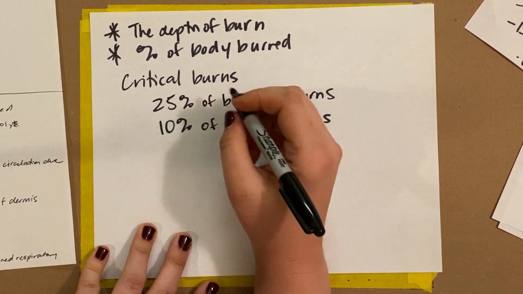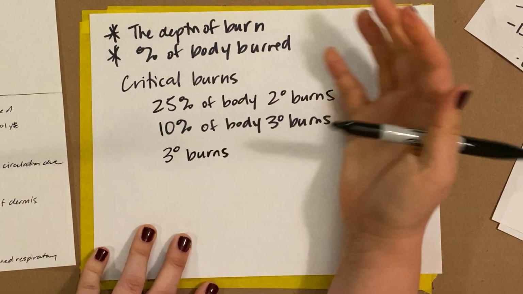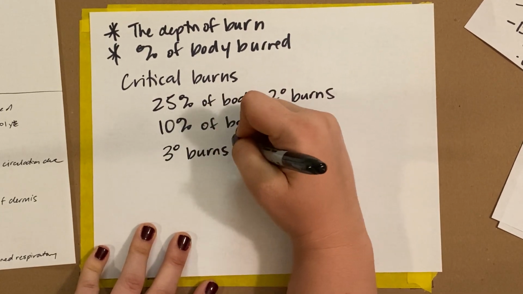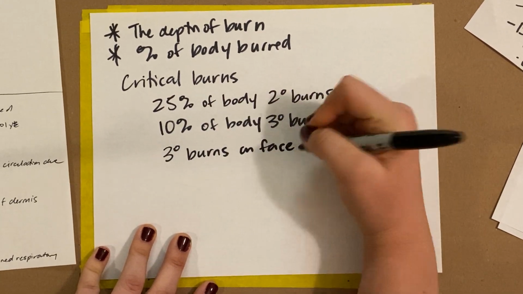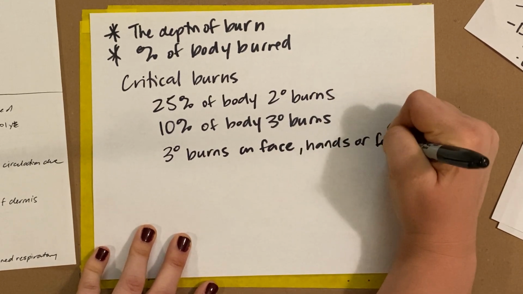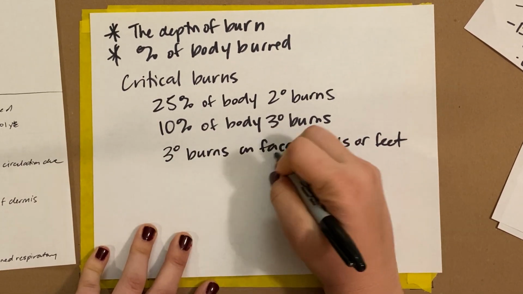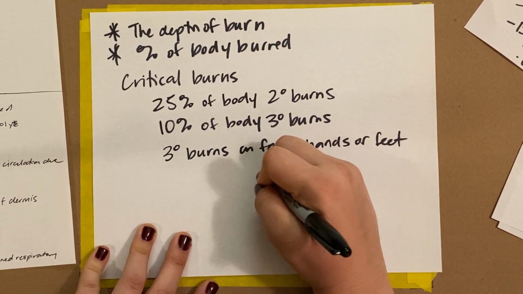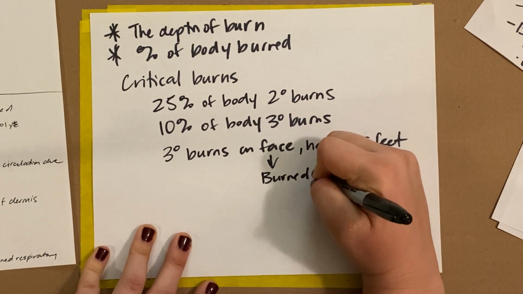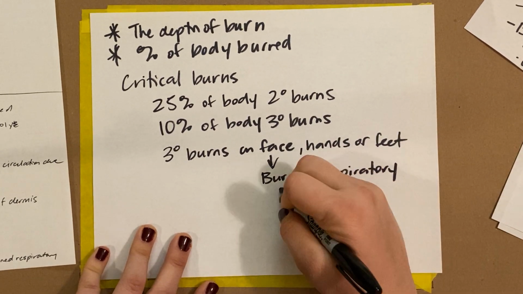And then third-degree burns could be less than 10%, but if it's burns on the face, hands, or feet, those are more critical. The reason why the face is so important is because you can have burned respiratory passageways.